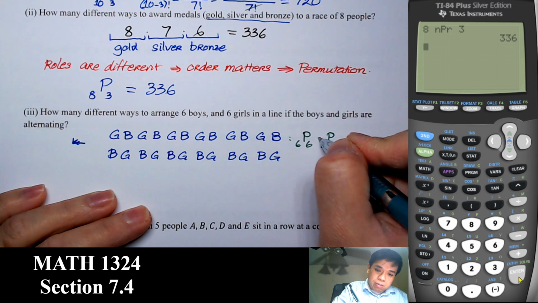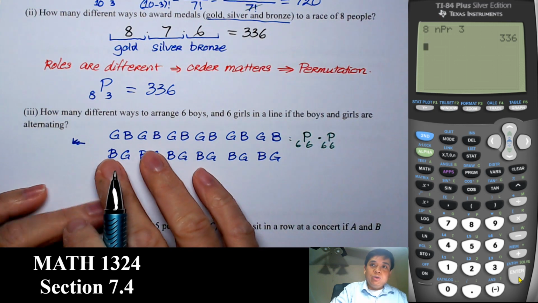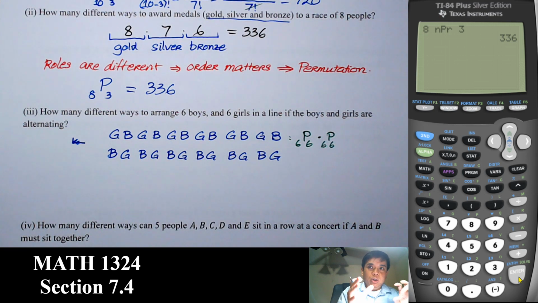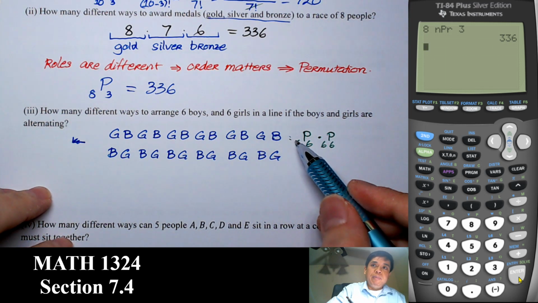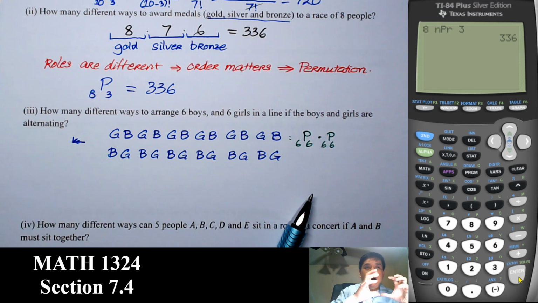So multiply them, because whatever you choose for the boys does not affect whatever you choose for the girls. So for each time you select the boys, you can scramble those 6 girls into the positions. So that's why you have 2 different tasks in the whole operation, or 2 different stages. So put in the boys in place first, and then you put in the girls in place. The multiplication rule says you multiply those together.